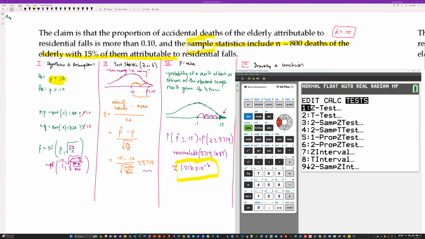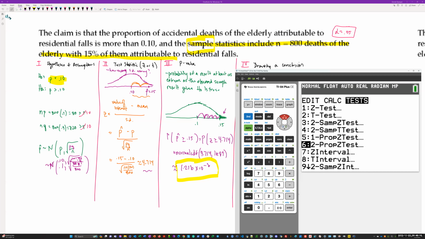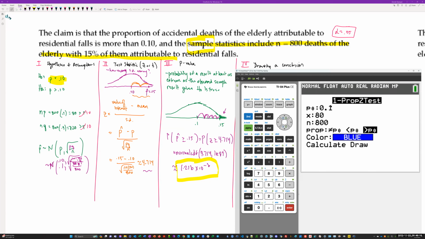Whoops. No, I typed it wrong. Oh, I'm sorry. X should be 15% times 800, because the sample is 15%. That was a big mistake, actually. All right. So then we get this, and it immediately gives you this answer. We're done. Does that make sense?